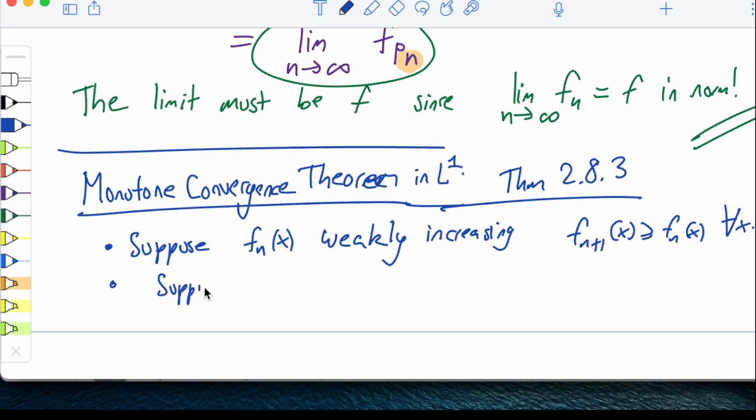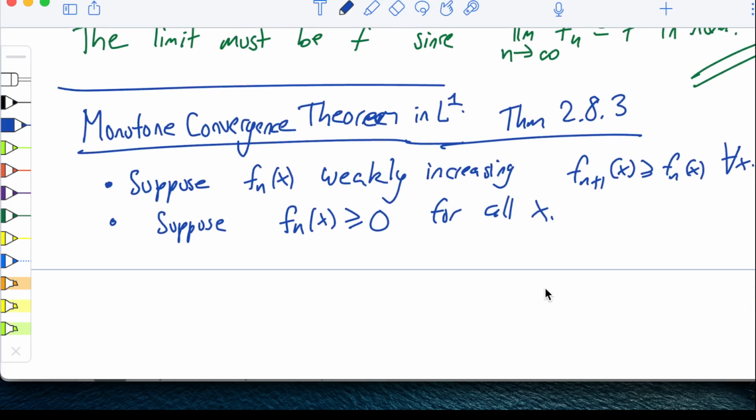Suppose they all have to be positive as well. Fn of x greater than or equal to 0 for all x. And there's one last condition. In the ordinary monotone convergence theorem for numbers, you need to have an upper bound, right? So they're going up, up, up, but you need some brick wall that stops them from crashing into something. And in the version for L1, that wall is this condition.